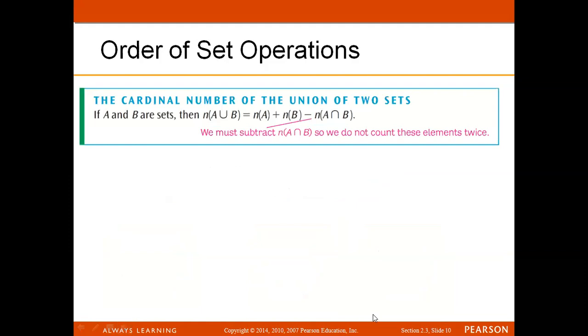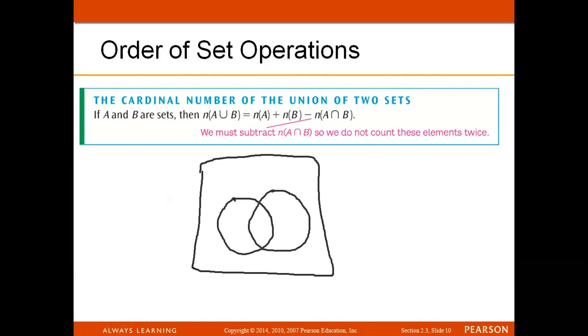The cardinal number of the union of two sets: if A and B are sets, then the cardinal number of A union B is the number in A plus the number in B minus the number in A intersect B. Let me draw this picture. Because if we look back at one of our original drawings, A, B, universal set.